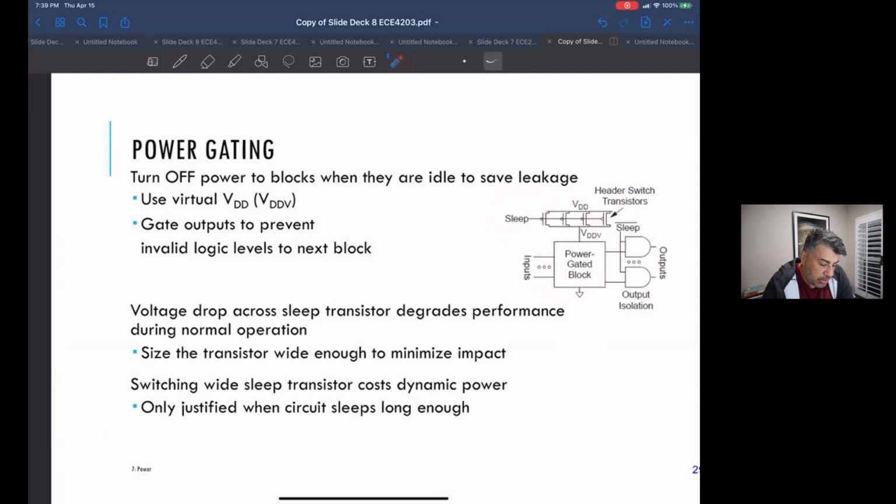Okay, and then the other thing is, you've got to make sure when you do that, the block that you're doing that to is not going to be communicating with other blocks. Otherwise, you start giving them intermediate voltage levels that are going to completely mess up their settings.